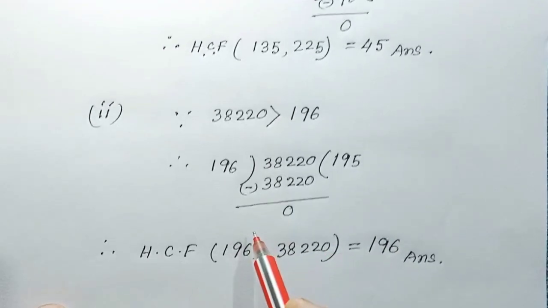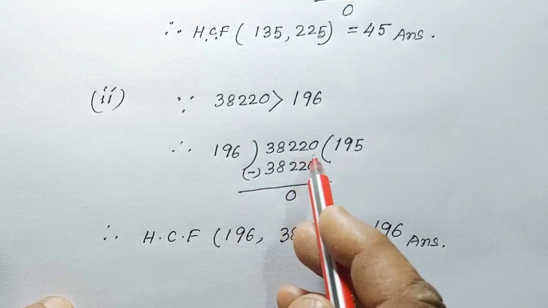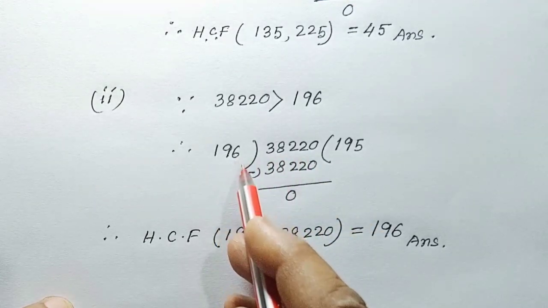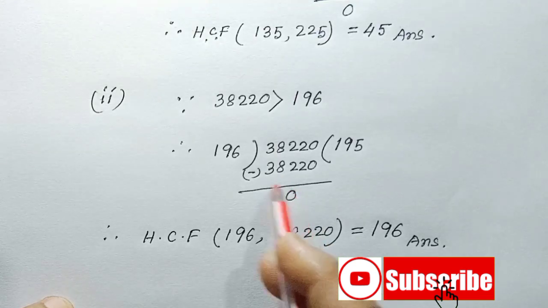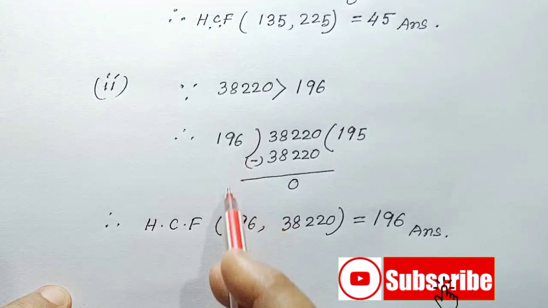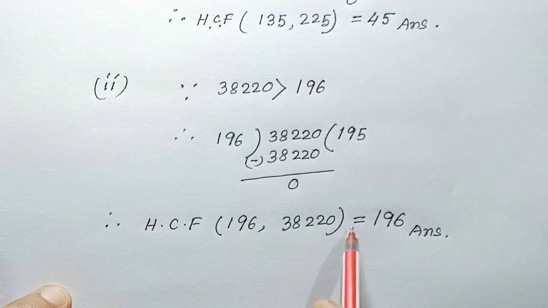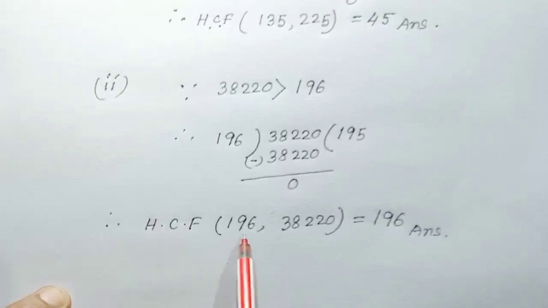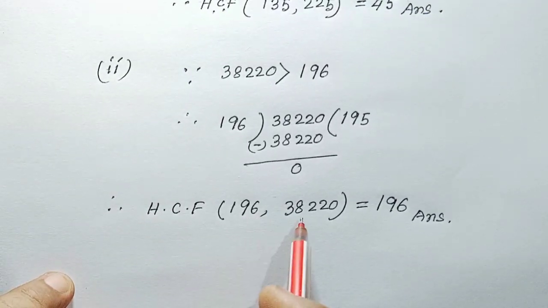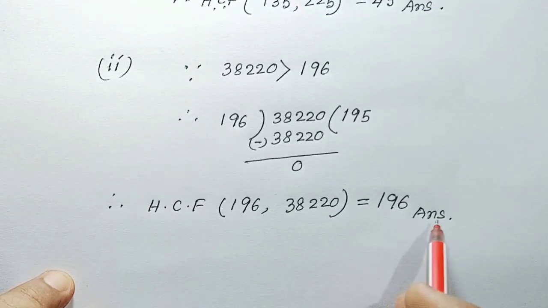As we divide 38,220 by 196 and the remainder is equal to 0, 196 will be the HCF, that is, the highest common factor of these two numbers, 196 and 38,220. That is, the HCF of 196 and 38,220 is equal to 196, which is our answer.